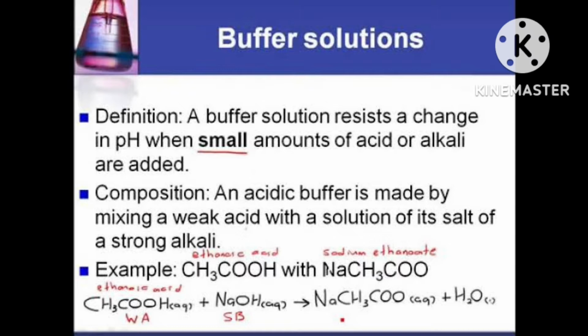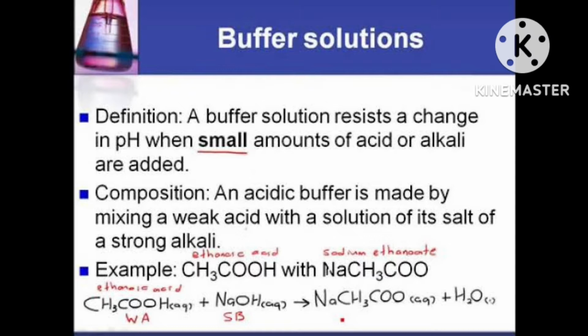Acetate ion comes from the weak acid, acetic acid, and sodium comes from the strong base, NaOH. By seeing the salt, you can tell which type of salt it is. That's why sodium acetate is a salt of a weak acid and a strong base.